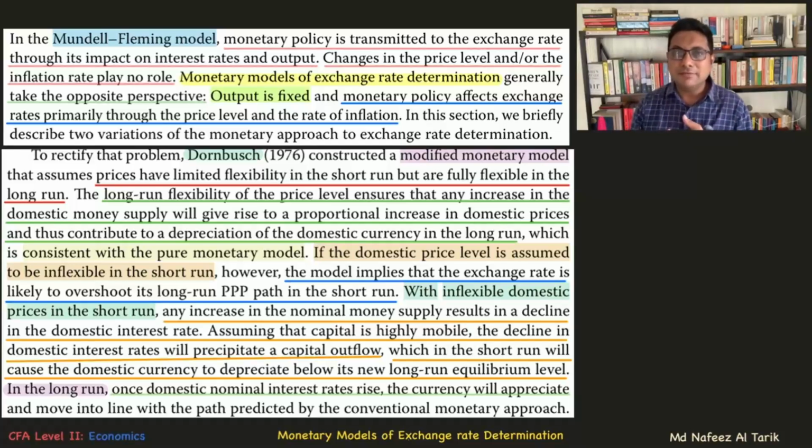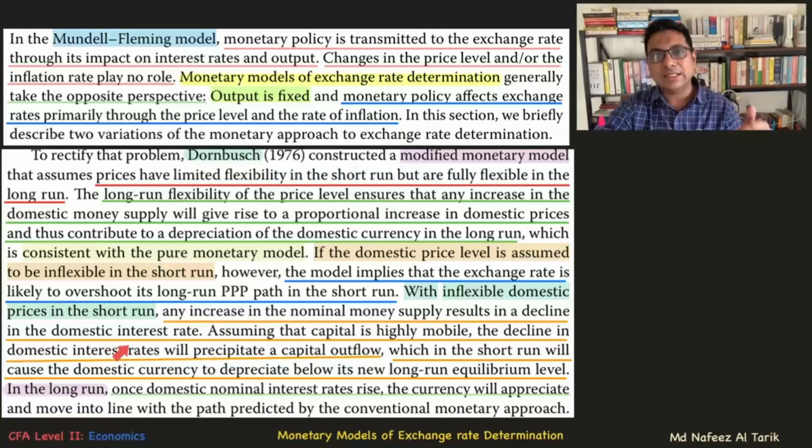With inflexible domestic prices in the short run, an increase in the nominal money supply will result in a decline in the domestic interest rate, because the price level will not be flexible enough in the short run. So the domestic interest rate goes down, and assuming capital is highly mobile, money will flow out from the country where the interest rate is low to the country where the interest rate is high.